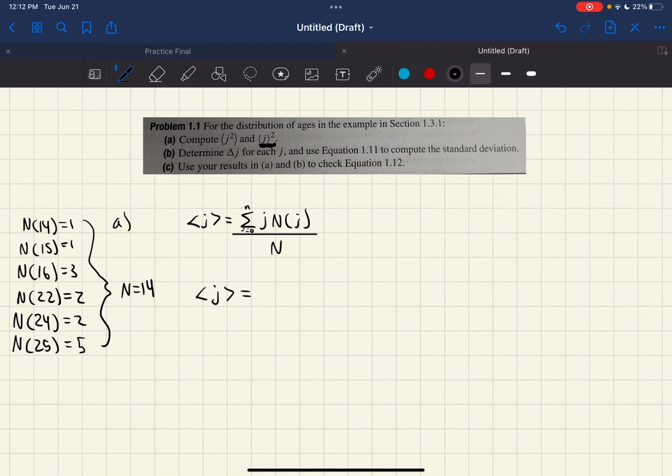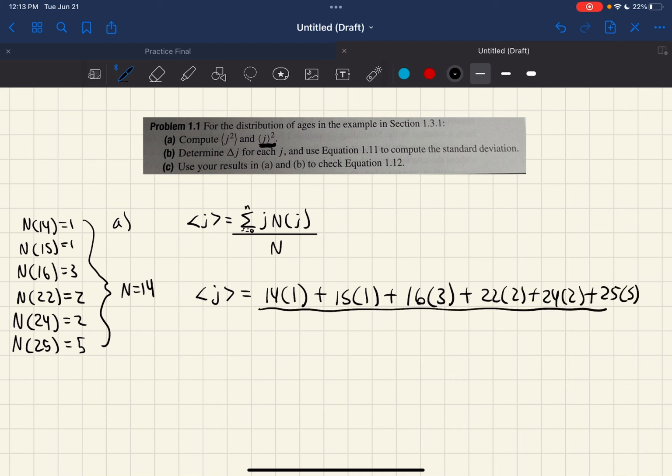We see that for age 14, there's one person. So the first term in the sum is the age, 14, times the number of people, one, plus the next age, 15, times one person, plus 16 times three people, plus 22 times two people, plus 24 times two people, plus 25 times 5 people, divided by n, the total number of people, which in this case is 14.